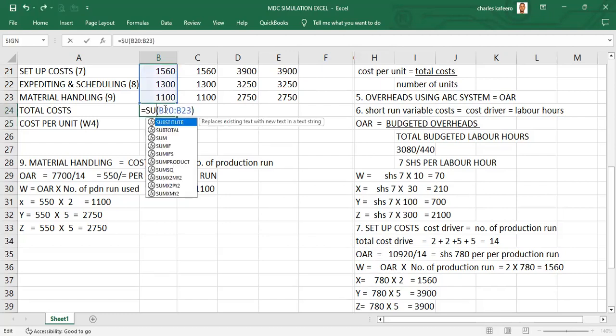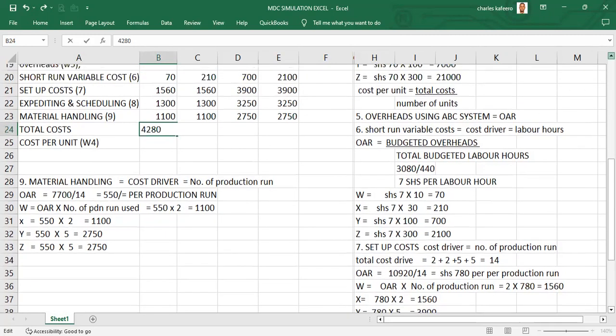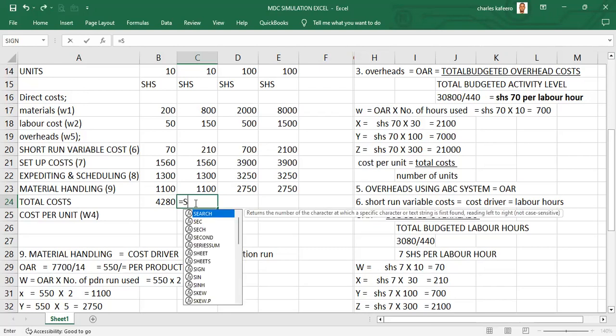You can use an equal sign and put a sum. We are summing from this.